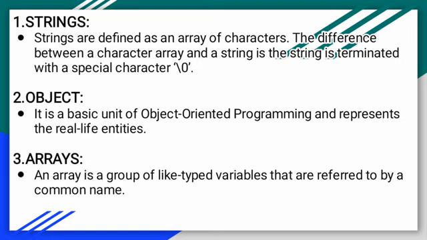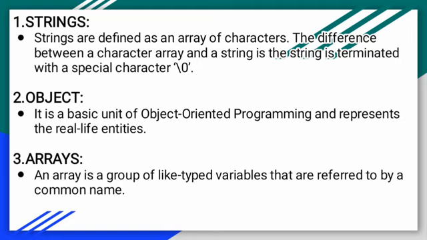First, strings. Strings are defined as an array of characters. A group of characters combined together are known as strings. The difference between a character array and a string is that the string is terminated with a special character \0. From that we can differentiate a character array and a string. Next, object. It is the basic unit of object-oriented programming, which is Java, and it represents real life entities, that is day-to-day problems, etc. Next, arrays.